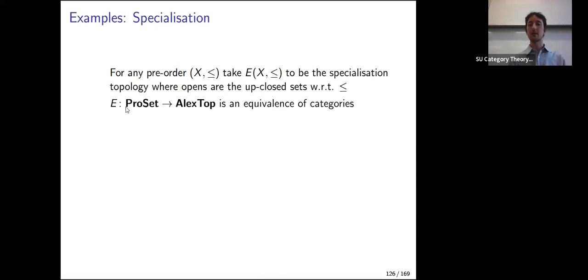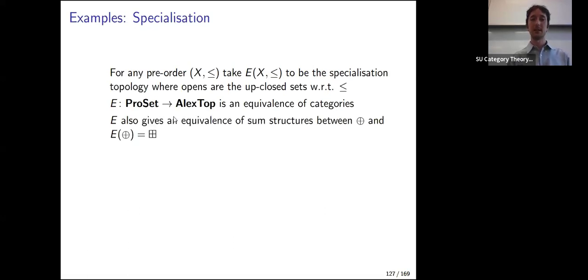Functions just go to the same underlying function, and it turns out to be continuous. This is a well-known equivalence of categories between preorders and Alexandrov topological spaces, where arbitrary intersections of opens are still open. And it does give an equivalence of some structures.